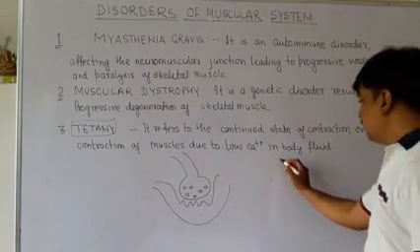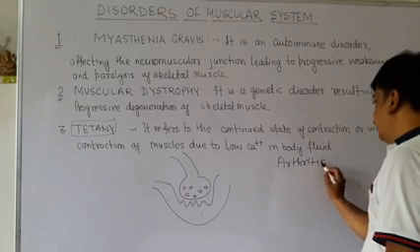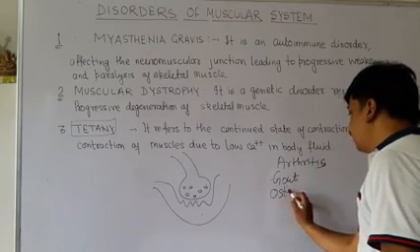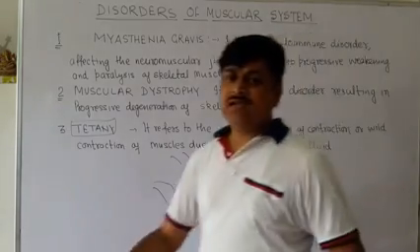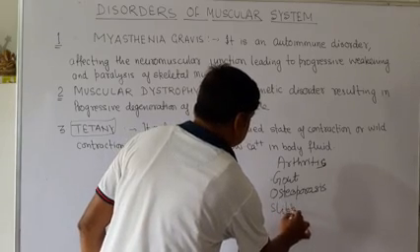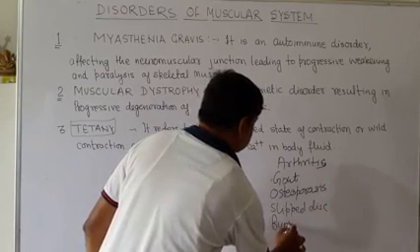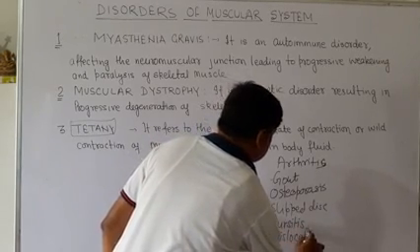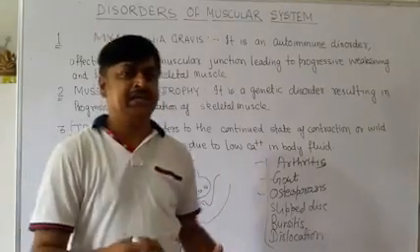Other disorders: arthritis, gout, osteoporosis, and a few more, like slipped disc, bursitis, dislocation. So these are the common disorders, students, which are related to the skeletal system.